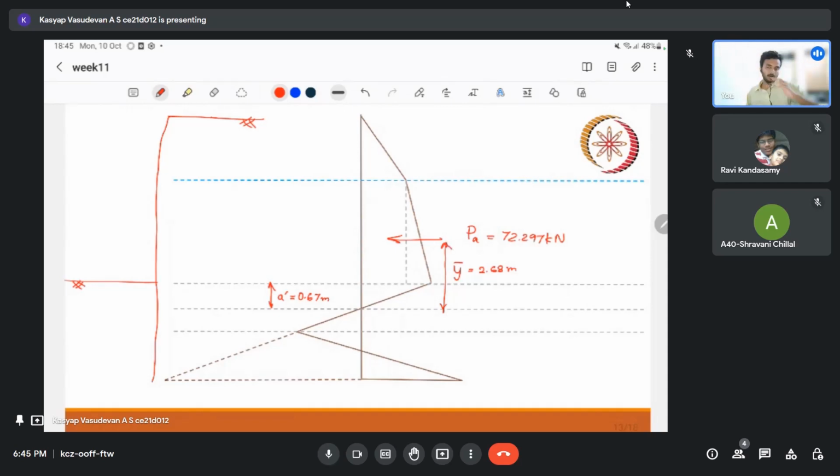we are going to bring some more terms. One of them is this distance. Okay, so we'll write it in a better way. This can be taken as capital Y, and this is my df. I can write df is equal to capital Y plus a dash, which is quite evident from the diagram. And this is my h.